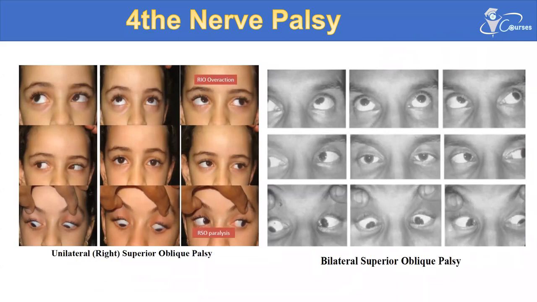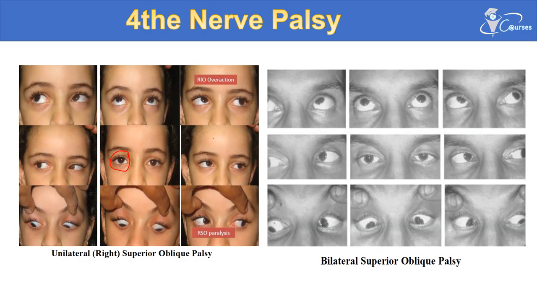So this is the difference between unilateral superior oblique palsy and bilateral superior oblique palsy. This patient has right hypertropia due to right superior oblique palsy. You can see that this hypertropia becomes worse on opposite gaze.